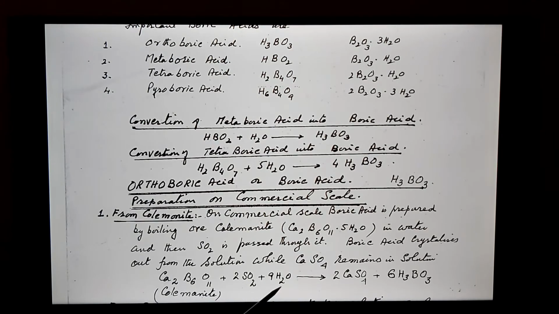Boric acid crystallizes out from the solution while calcium sulfate remains in solution. The equation of the above reaction is colemanite Ca2B6O11 plus 2 sulfur dioxide and 9 water molecules. They react to give you calcium sulfate, and orthoboric acid is obtained.